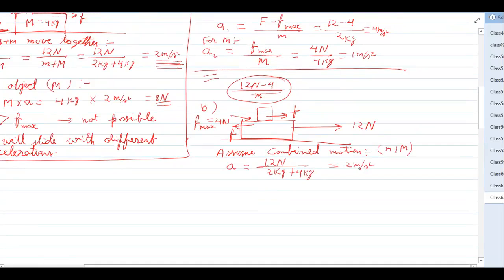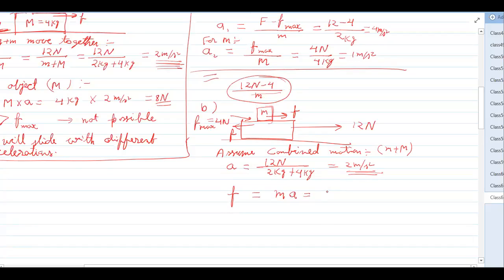Now this acceleration must be provided by this friction. The upper object is accelerated with this acceleration, and the accelerating force is only friction here. So the friction in this case will be equal to mass of upper object into the acceleration of the upper object.